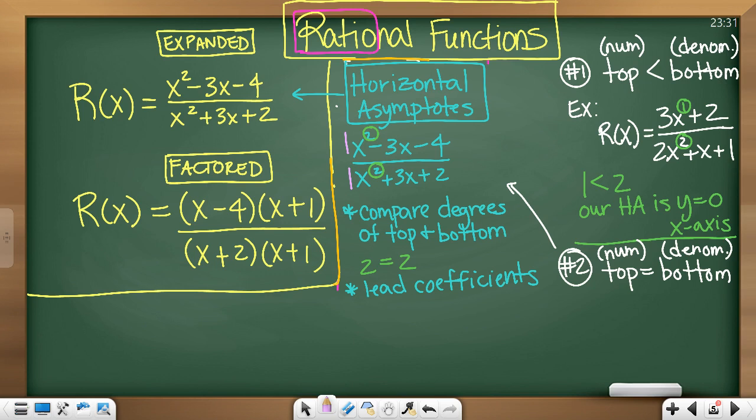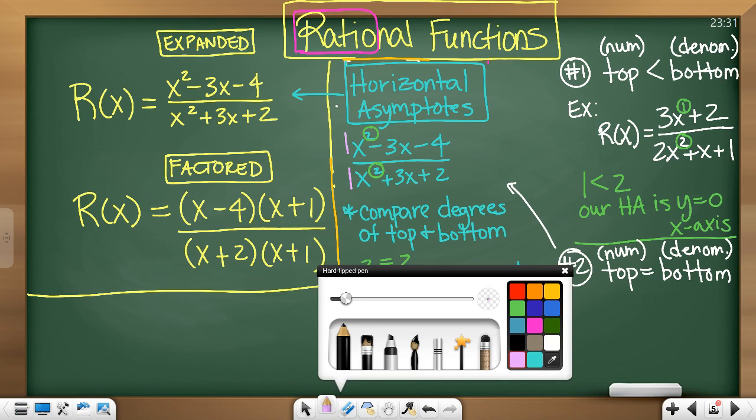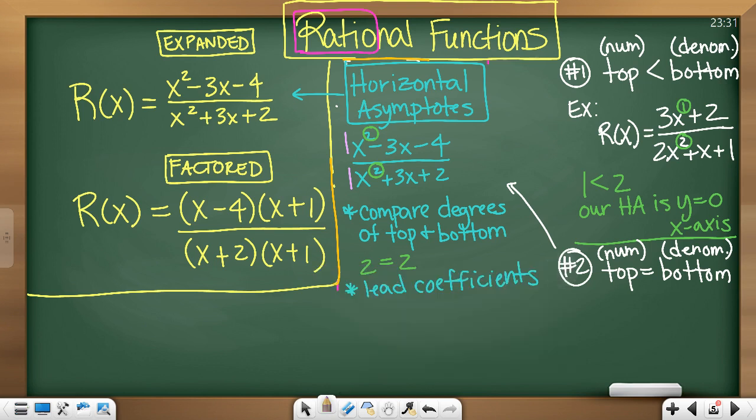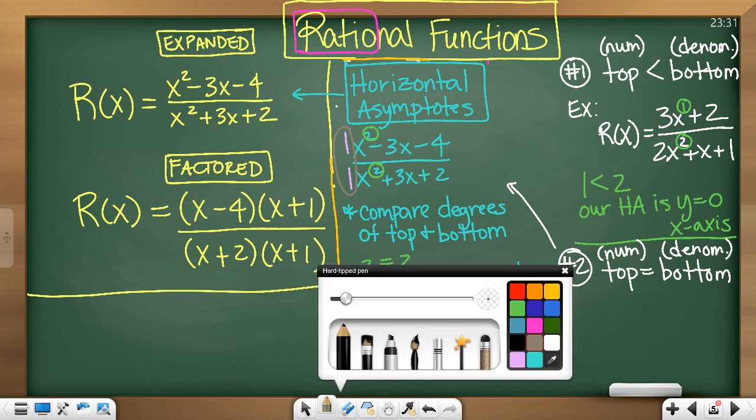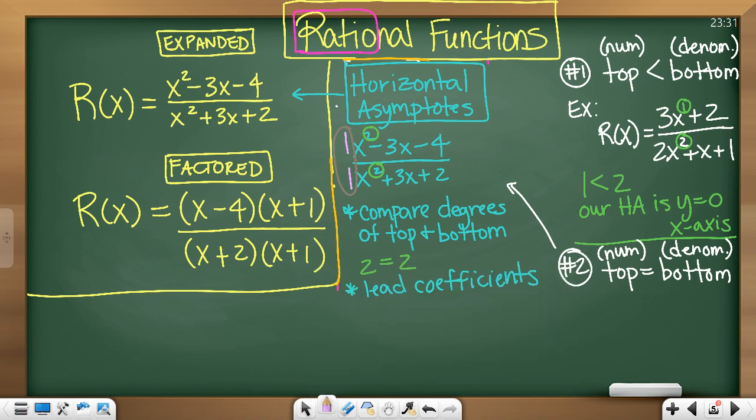This is an easy one, because what's in front is actually 1 over 1. It's not always going to be that way. So 1 divided by 1 equals 1. That means our horizontal asymptote is at y equals 1.